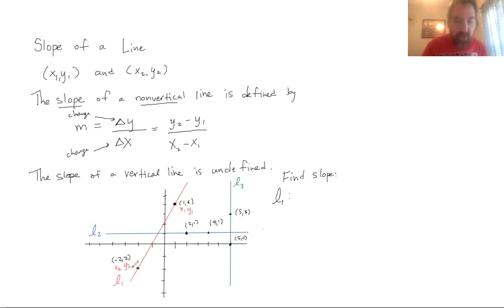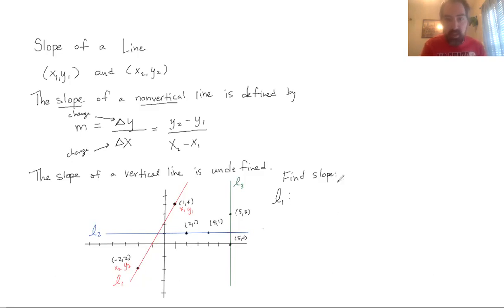I could have just as easily switched those around, and we would get the same slope. You can try that if you don't believe me. Call (1, 4) x2, y2, and (-2, 2) x1, y1, and calculate the slope, and you'll find that you get the same slope as I do.